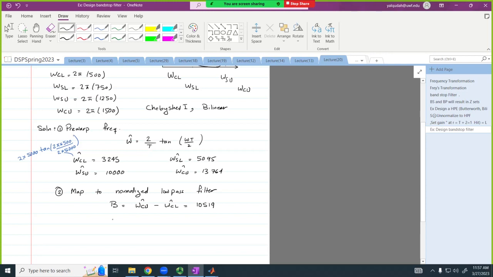And we're going to calculate omega 0. So this is this and this. We're going to calculate omega 0, which is the square root of omega cutoff upper hat multiplied by omega cutoff lower hat, which is going to equal 6683.